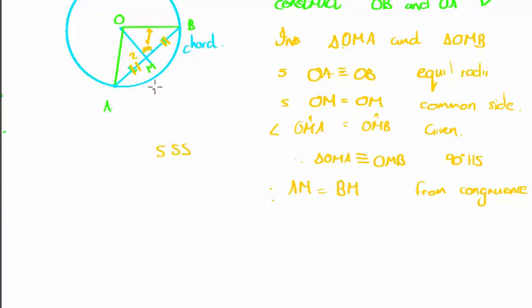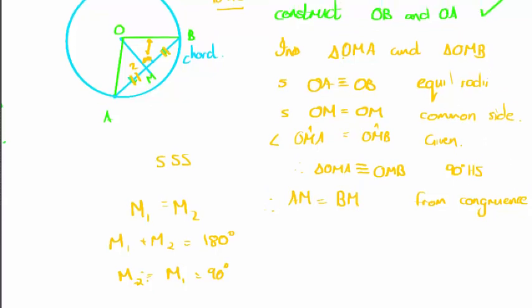So I've got two triangles that are congruent, but that means that M1 is equal to M2, and M1 plus M2 is equal to 180 degrees. Therefore, M1 is equal to M2 equal to 90 degrees. You see, similar, but if I don't prove it, I can't just assume it, because I'm not using the contrapositive. I'm using the converse, and that's not always true. Okay, another theorem.